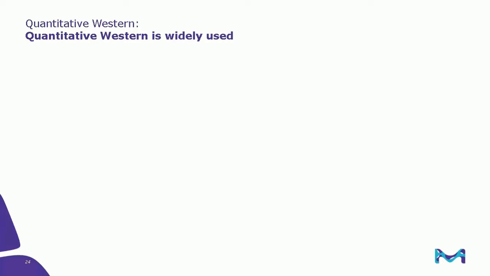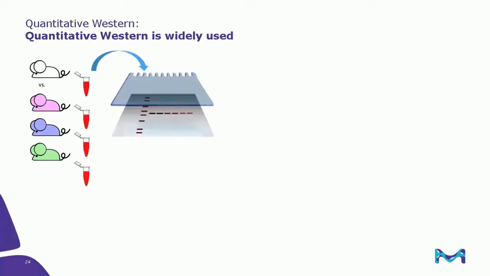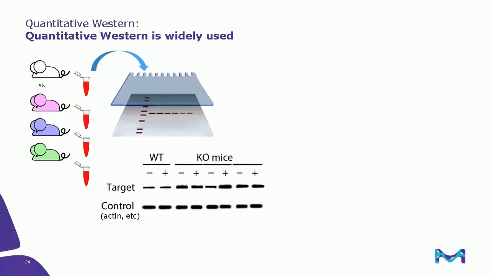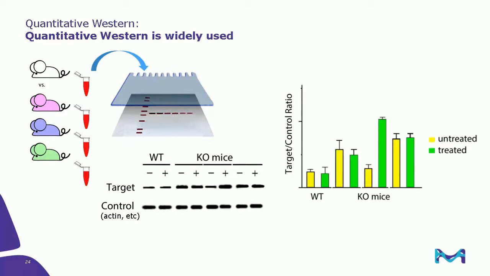I would have a control compared to genetically modified animals, or this would be control cell line versus modified ones, with or without treatment. I would obtain Western blot with a beautiful image like this, from which I can obtain very nice quantitative results. In fact, vast majority of the papers containing quantitative Western result will have a figure very similar to the one that I'm showing you here.